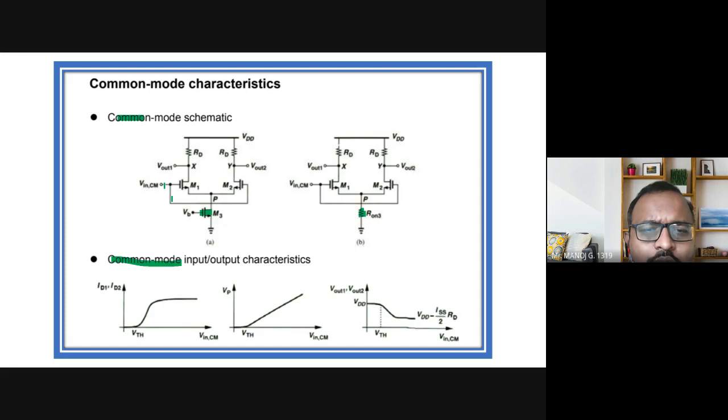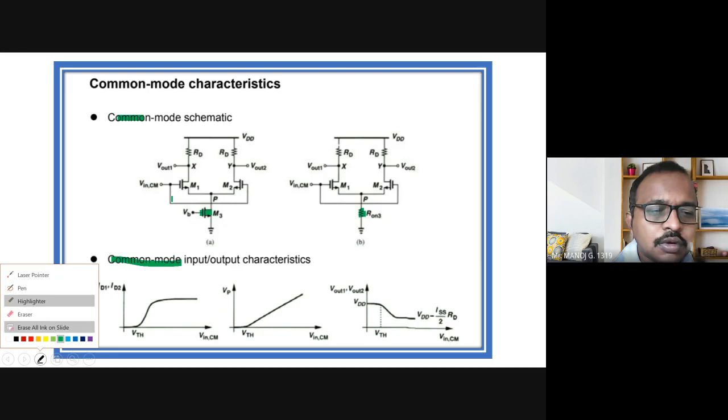What you do there is you interconnect both the input voltages, make it a common Vin, and then the other ones are Vout1 and Vout2 output voltages. So this is the schematic of common mode representation. Either one you can do. So when you analyze, the characteristics would be something like this.